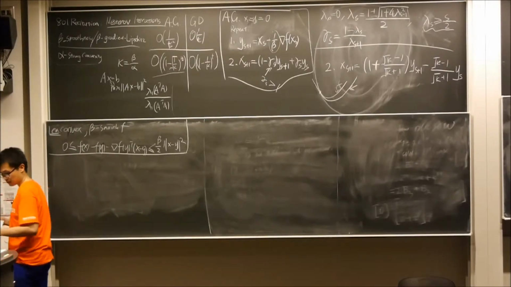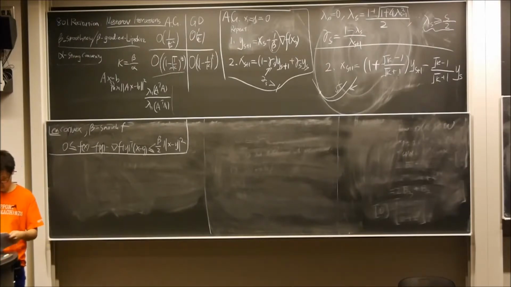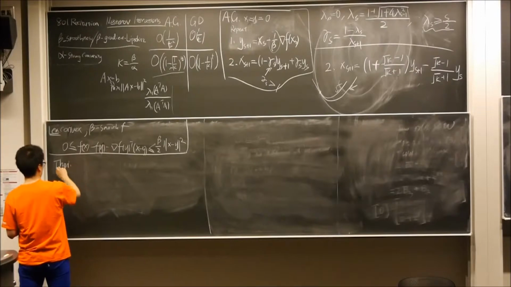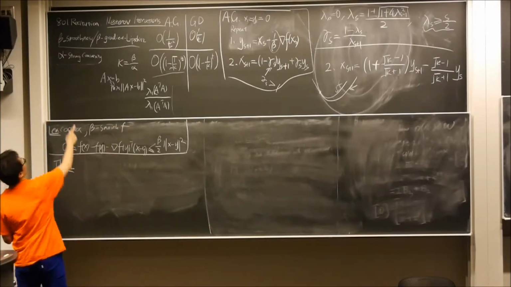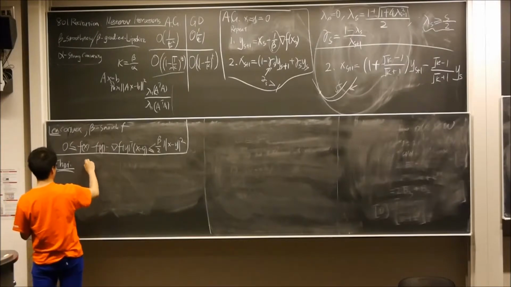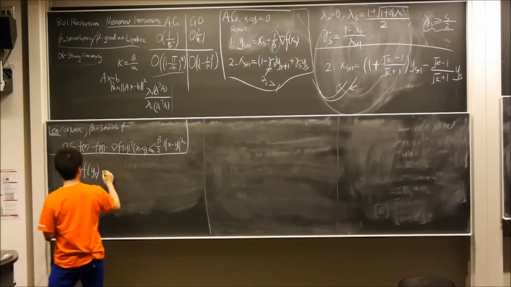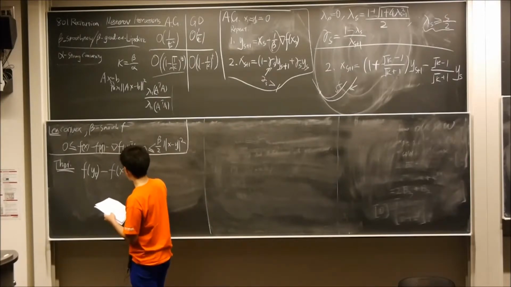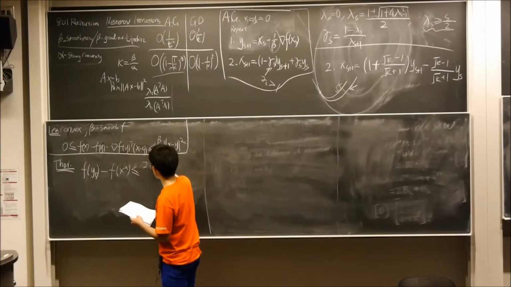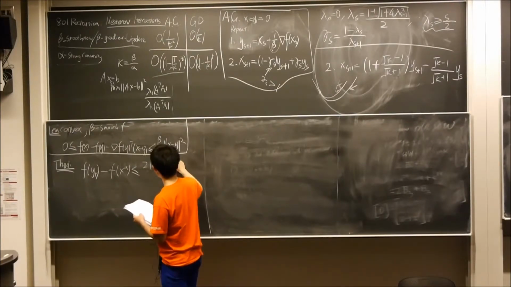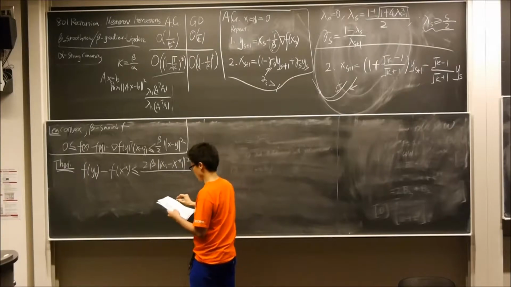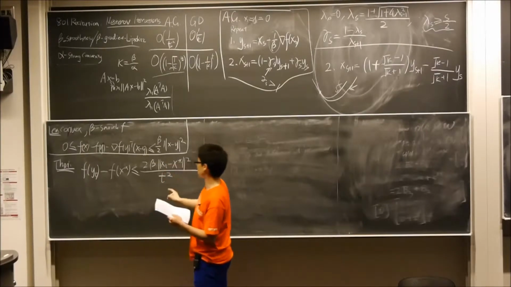Okay, then the theorem we want to prove is a convergence of the algorithm for the beta smooth case. It says that the objective value of the tth iteration minus the optimal objective value is smaller than 2 times beta, times some constant that depends on the initialization, over t squared.